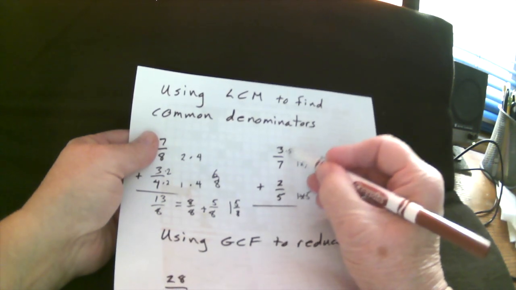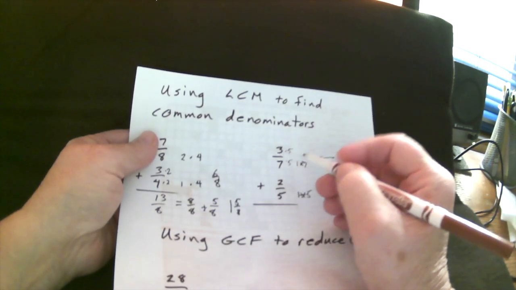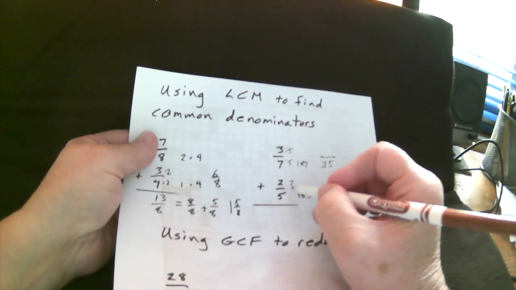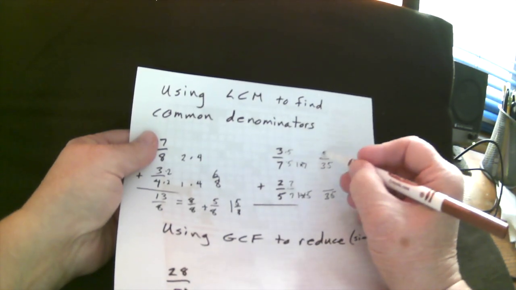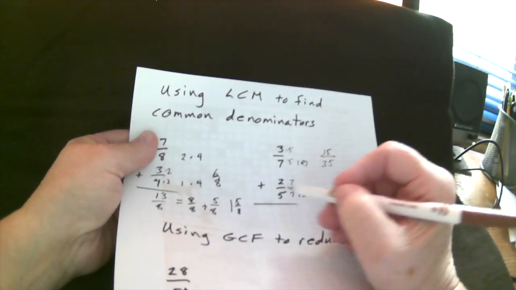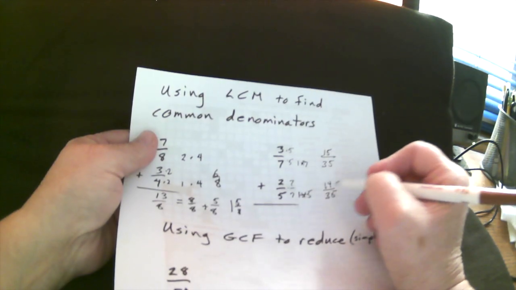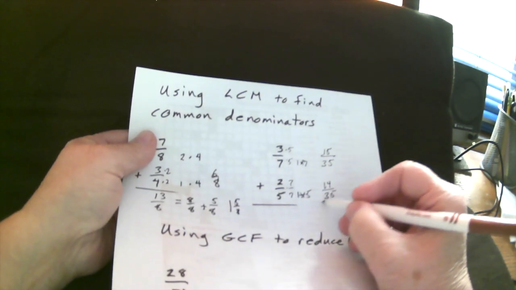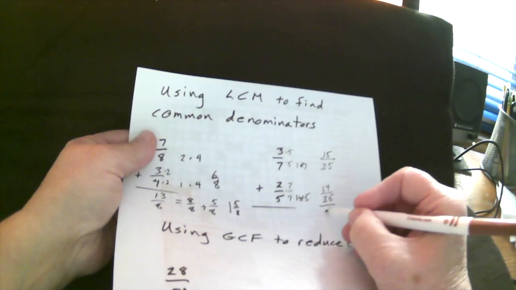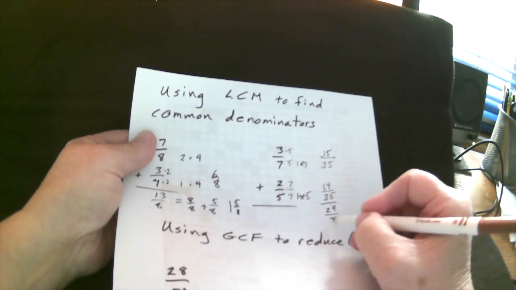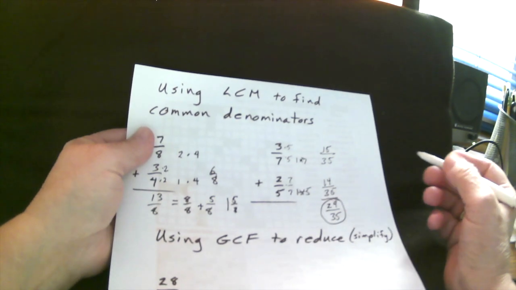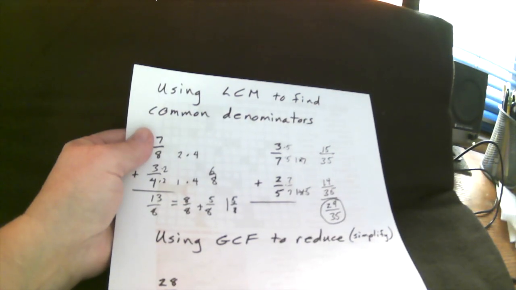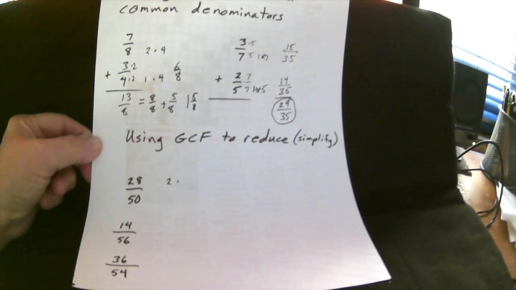This will change with the number 1 that is 5 fifths. This will change with the number 1 that is 7 sevenths. So we have 15 35ths and 14 35ths. When you add them, you get 29 35ths, which is not reducible because 29 is a prime.